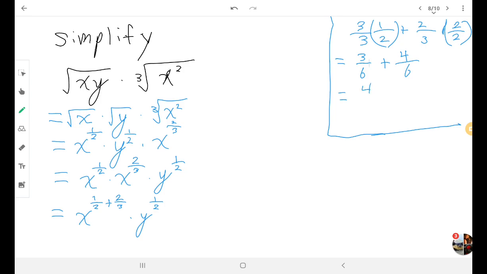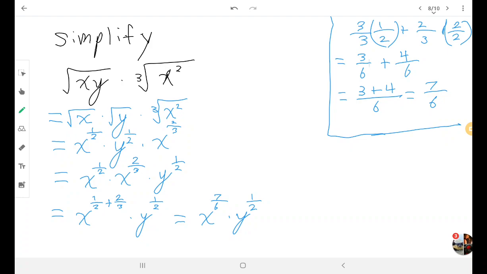So I do 3 plus 4 all over that 6. And then 3 plus 4 is 7, so I get an answer of 7/6. So then down here, this becomes x to the 7/6 power times y to the 1/2 power. And that's a perfectly good answer.